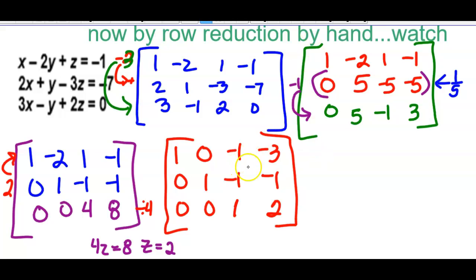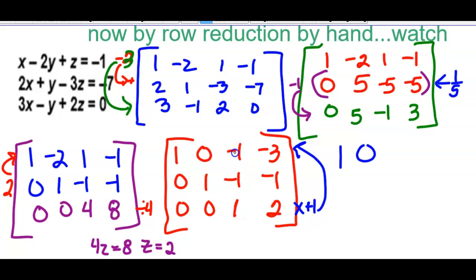Last thing I'm going to do is take this bottom one times negative 1 and add it to the top one. So 0 added to 1 is 1, 0 added to 0 is 0, negative, I just need to add it. I don't need to multiply by negative 1. Okay, positive 1.